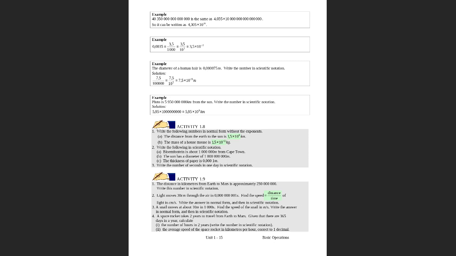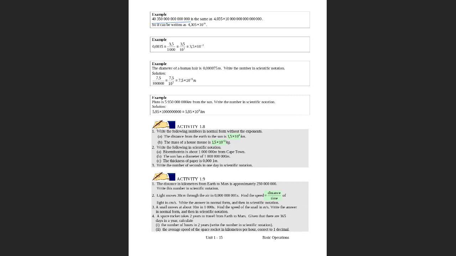So now, for instance, this number, if you are supposed to write it in scientific notation, it will be cumbersome to write such a big number. That is why scientific notations actually exist.